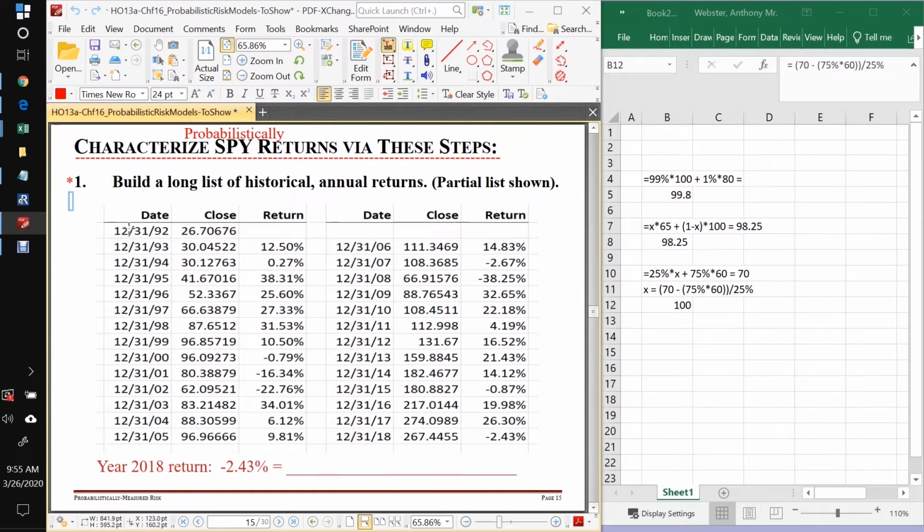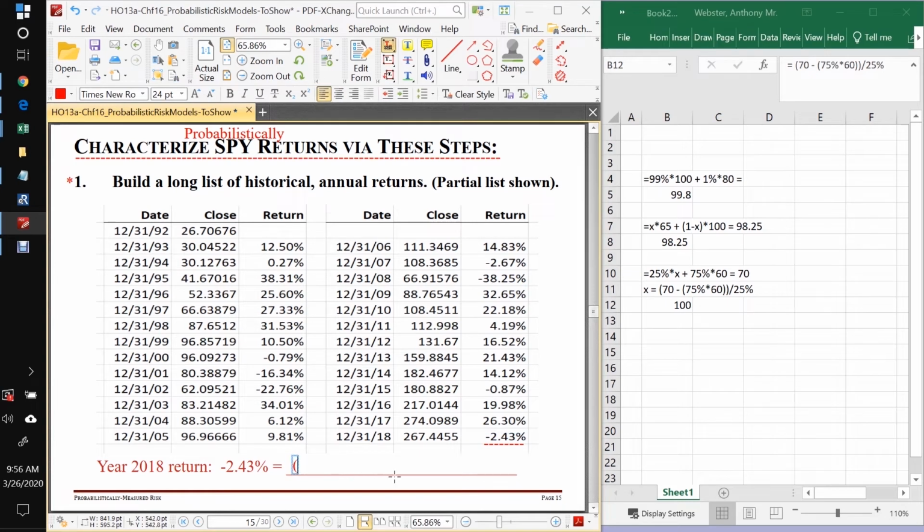So I have my closing price here of the SPY for each of these years, okay? And then from those closing prices, I can get the return using the equation we just saw on the prior page. So for example, the 2018 year return, which we have here at minus 2.43%, how did I compute that?